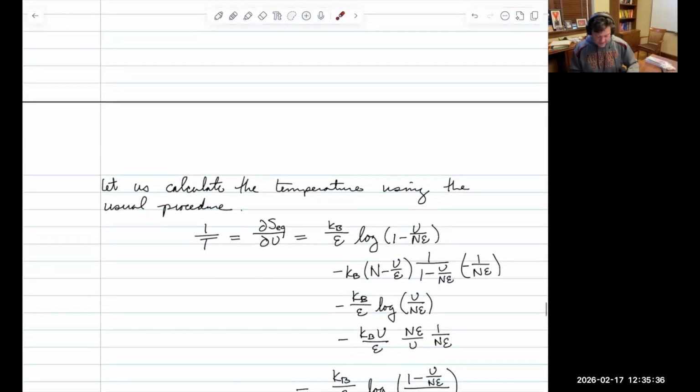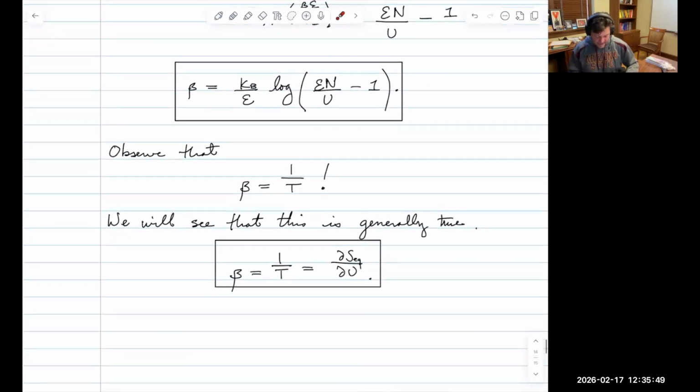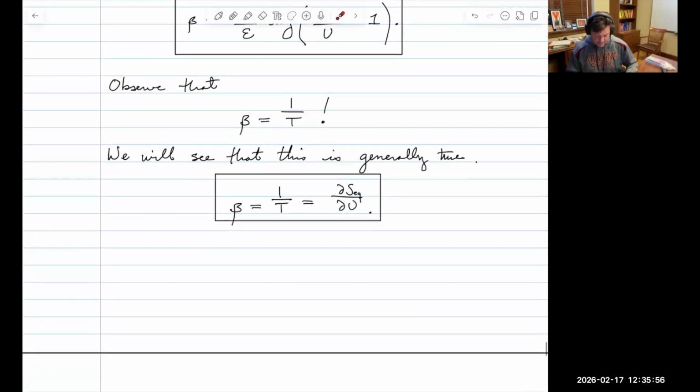We use the thermodynamic definition of temperature: 1 over T is equal to the derivative of the equilibrium entropy with respect to U. That gives you some function, and I can always show you that beta is exactly equal to 1 over the temperature, that same function. So we're going to see this is generally true. Beta is equal to 1 over the temperature. This allows us to replace that weird Lagrange multiplier that appeared on the scene with 1 over the temperature in each of its locations.